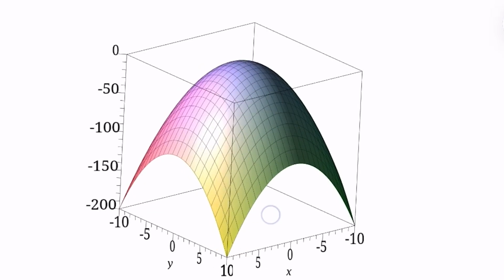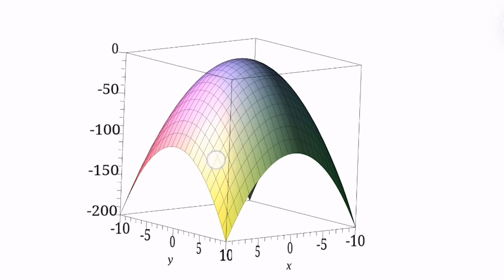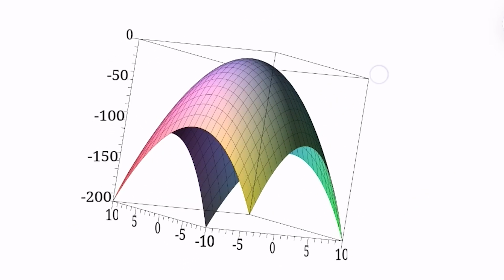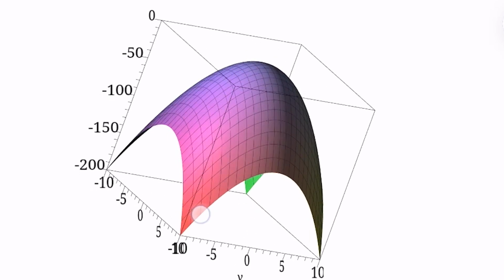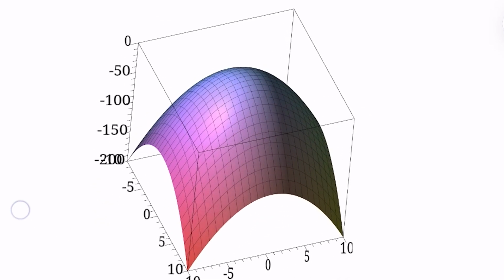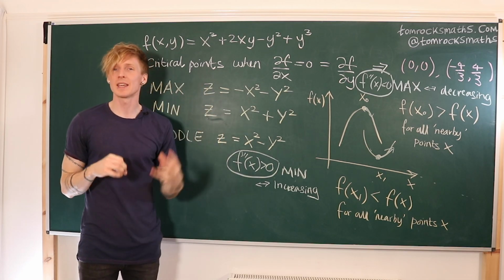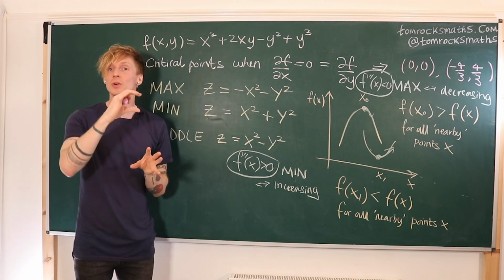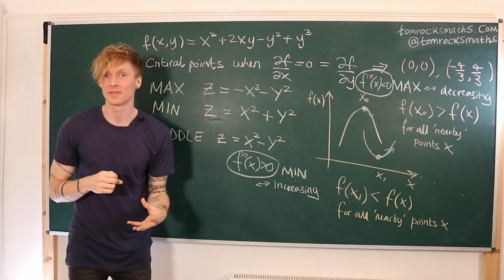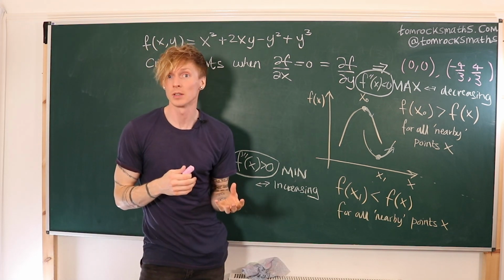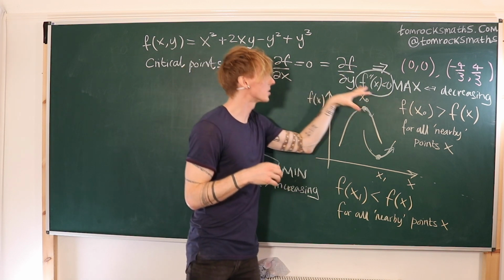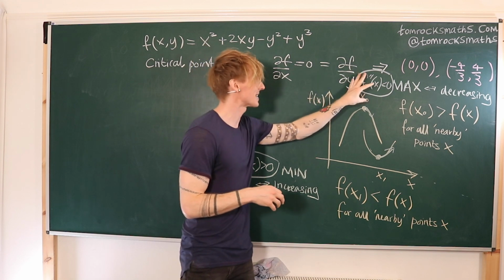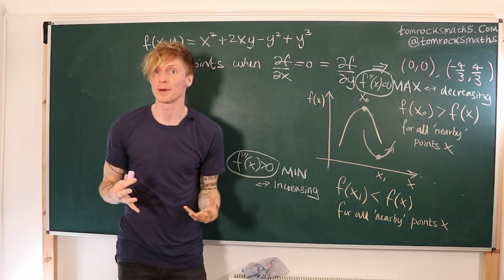So we can see from our plot of the maximum that the function is actually decreasing in all directions away from our maximum critical point. So this means all of our second derivatives will need to be negative. For our function of one variable, there was only one second order derivative that we can calculate, and when that was negative, we had a maximum.